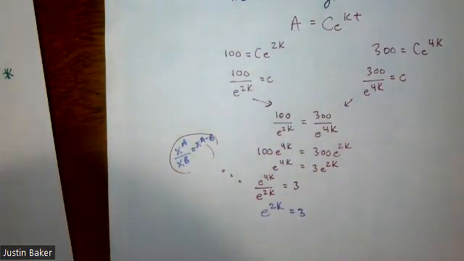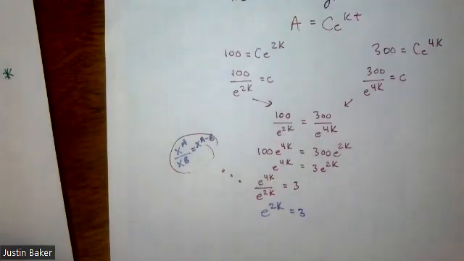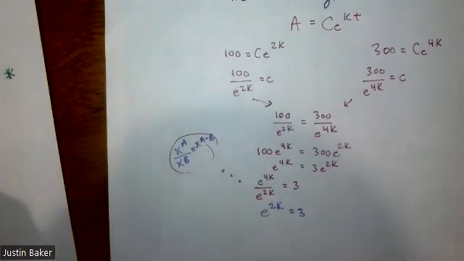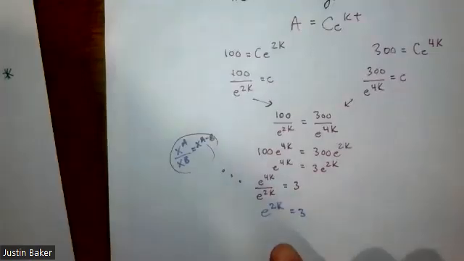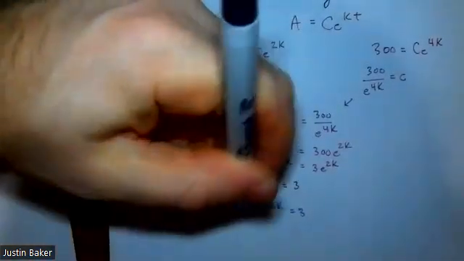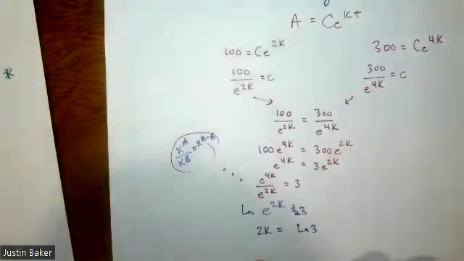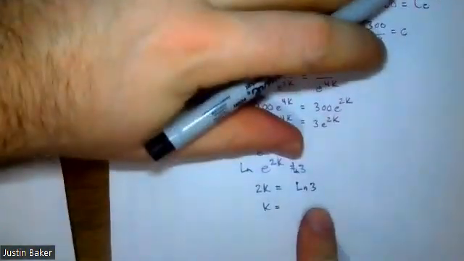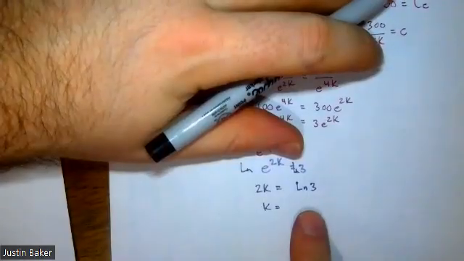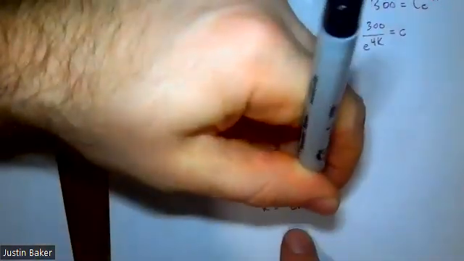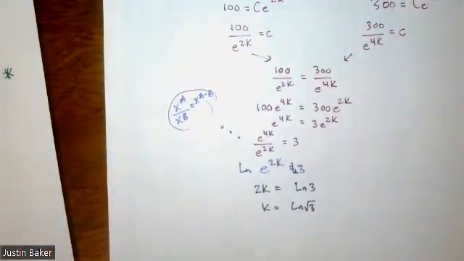Okay, so then what are we going to do with that? Well, we probably should do some natural log stuff now. We can say natural log of both sides. So natural log of e to the stuff is the stuff. So 2k is equal to natural log 3. And does it make sense that when we divide by 2, natural log of 3 over 2 is really going to be natural log of the square root of 3?